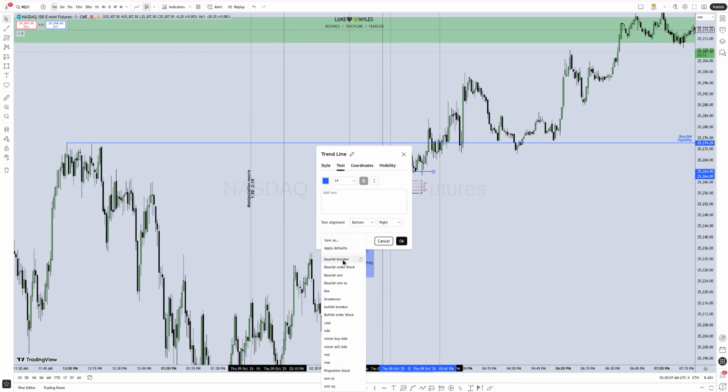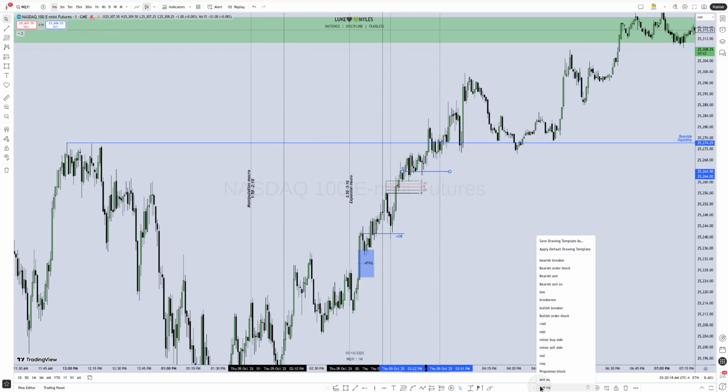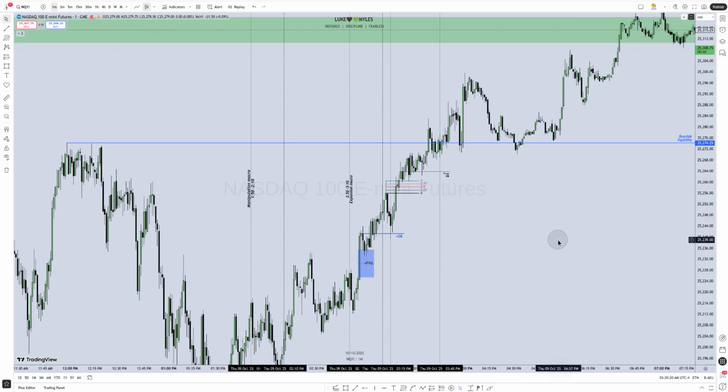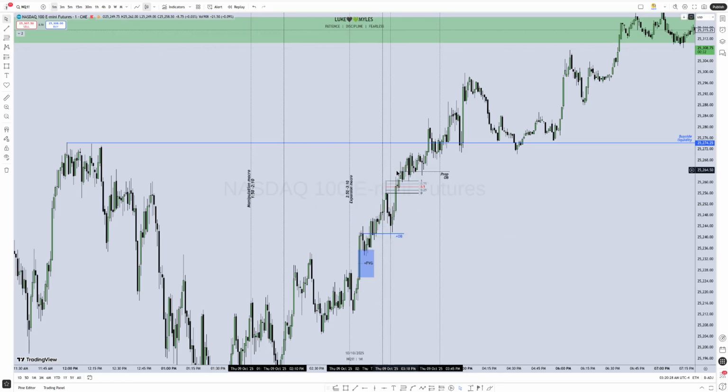This is a propulsion block right there. Expect this candle to give us a move going into liquidity, to attack liquidity.